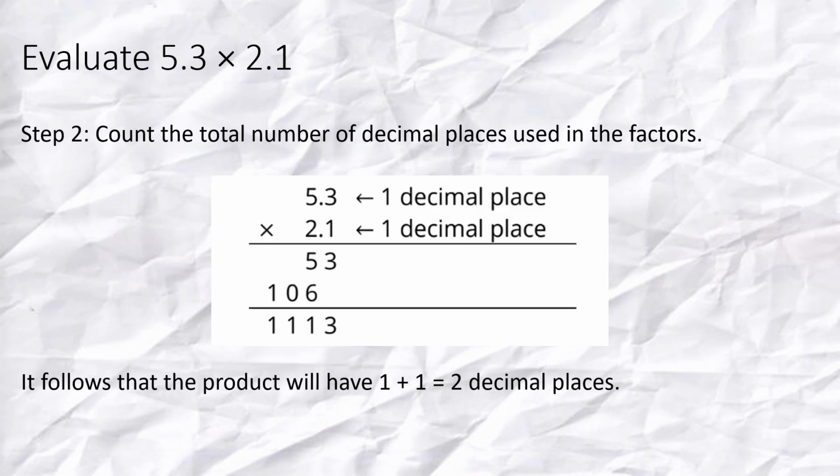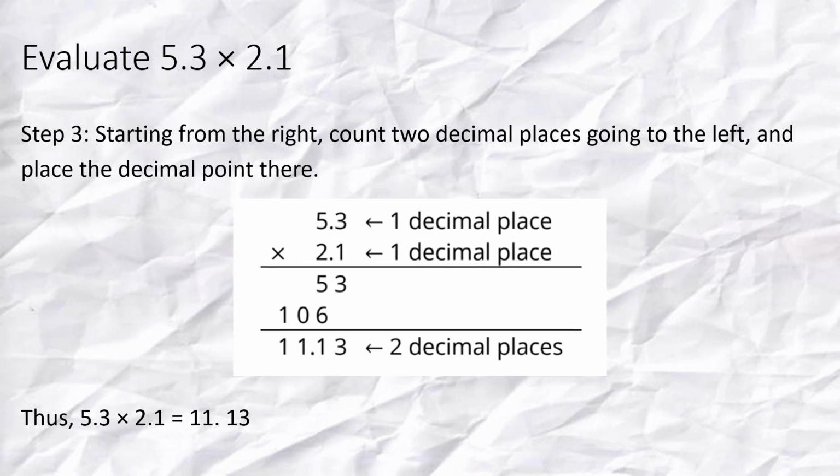Just like a while ago, we have to count the total number of decimal places used in the factors. The first factor has 1 decimal place. For the second factor, we also have 1 decimal place. So 1 plus 1, that is 2. So we need to count from the right going to the left 2 decimal places.